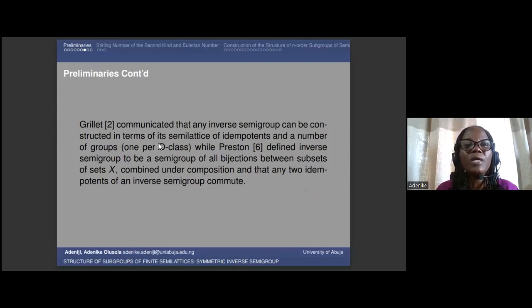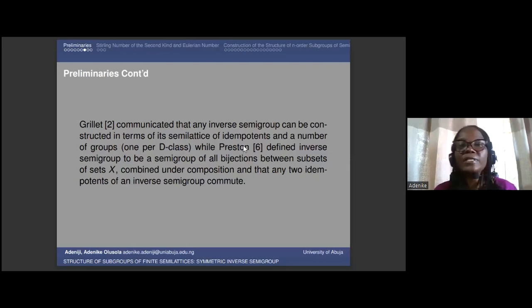So this one, per D, it's Green's. We have what we call Green's relations, and the D class is one of them. We have the R class, the L class, the H class, the J class, and then the D class.